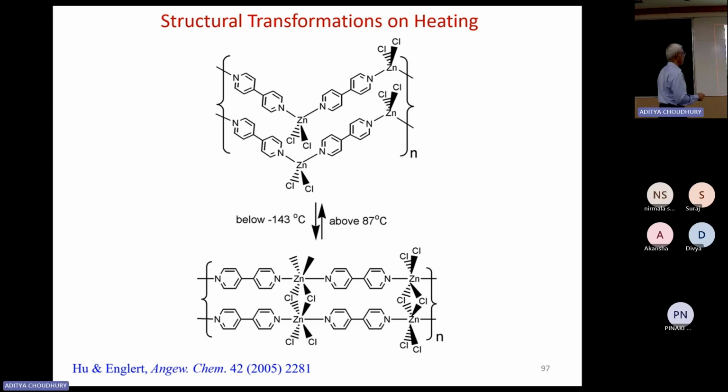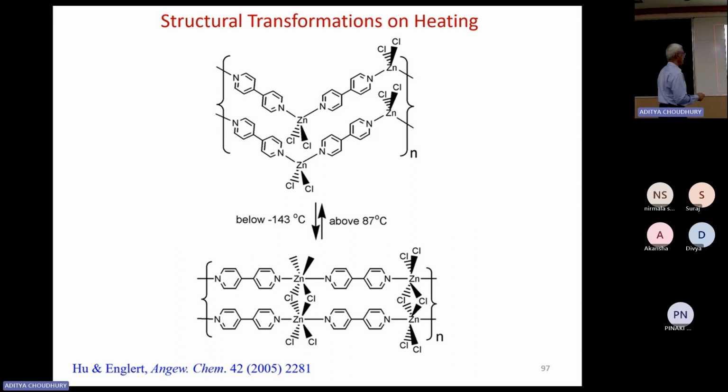Usually it's different from a phase transition because a reaction occurs. It forms a ladder type of polymer, because now all the chlorine atoms are bridging. It forms a 2D sheet. Because of the bridging, the coordination number increased from 4 to 6.